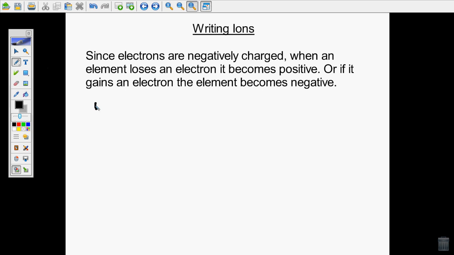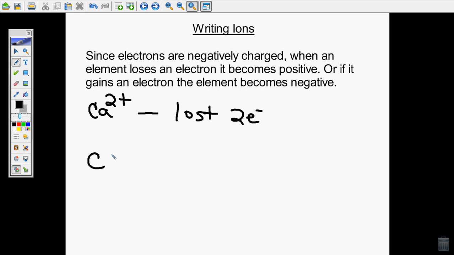So for example, if I have a calcium ion, it is represented this way because it has lost 2 electrons, or it has 2 more positives than negatives because it has now lost 2 electrons.